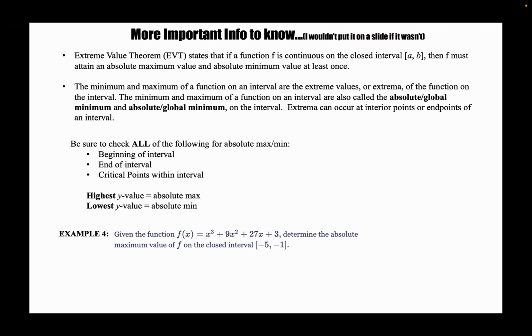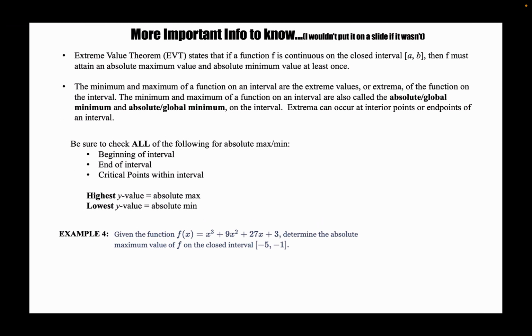So if it's continuous on the closed interval, it's going to have one of each. Sometimes we call the absolutes global. Sometimes you'll see that word global. It's an old school word that you don't see a lot anymore. You see absolute, but sometimes they'll throw in a global. Global means the same thing as absolute.